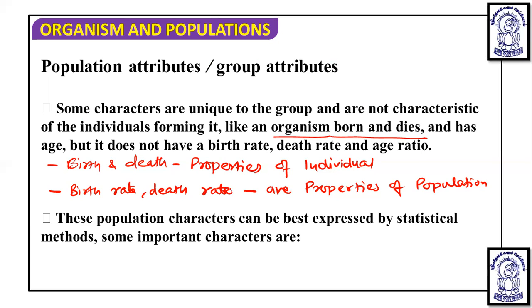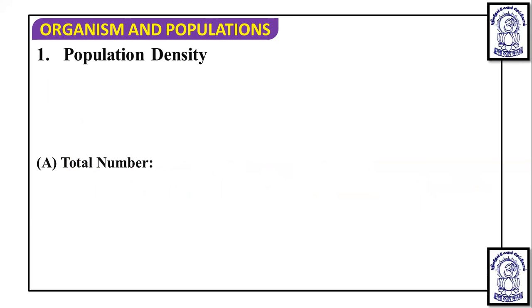We are going to discuss different attributes one by one. First, we are going to talk about the population density. Population density is explained by N, or we can call it the population size.